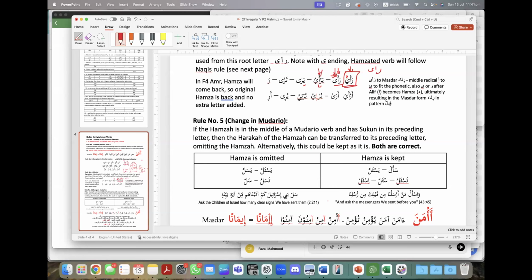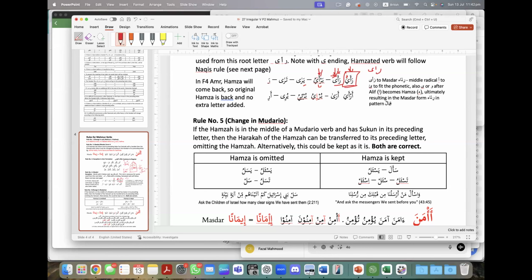I said between Hamza and Ra, Ra is more capable to carry the haraka. So that's why this haraka has gone over Ra. So it has got one haraka. Then I already touched on it. You have got a weak letter with haraka, and before that you had a fatha.